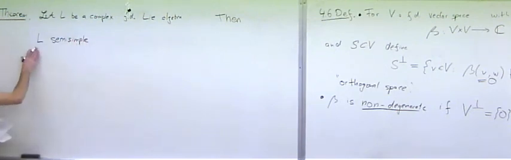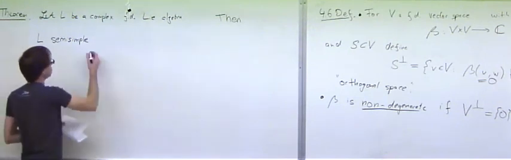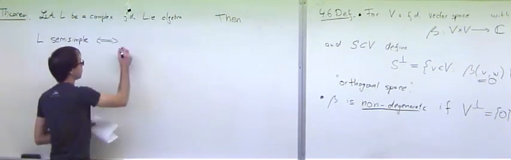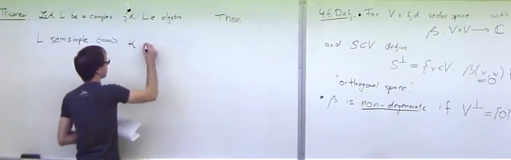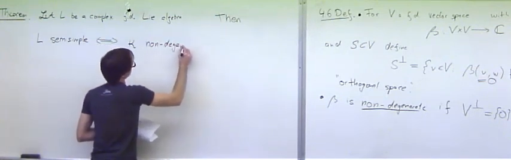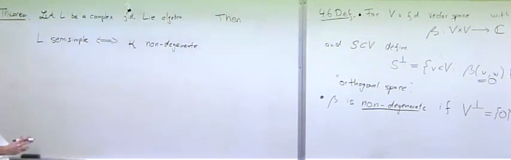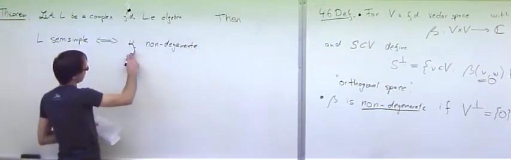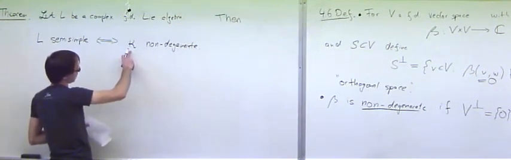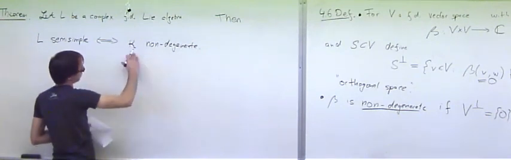And again, this means there is no non-trivial solvable ideal in L. And this is just equivalent to the Killing form being non-degenerate. Again, the Killing form associates with a pair x, y of elements of the Lie algebra the trace of the composition of the adjoint map at x and the adjoint map at y.